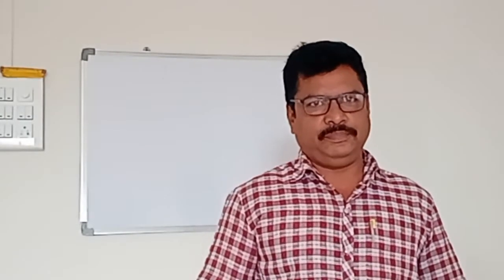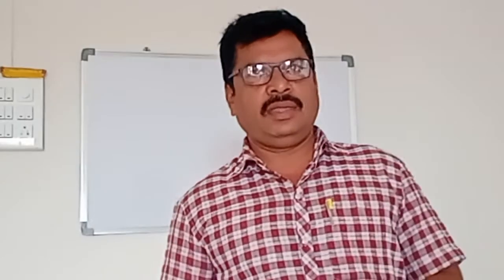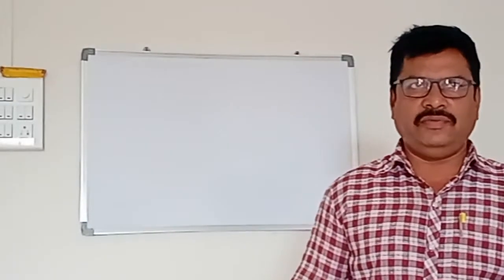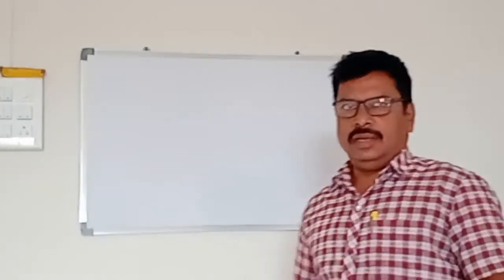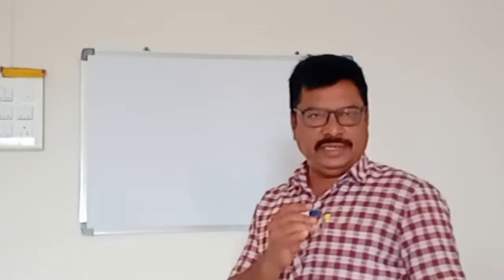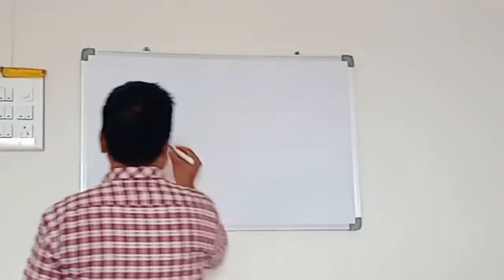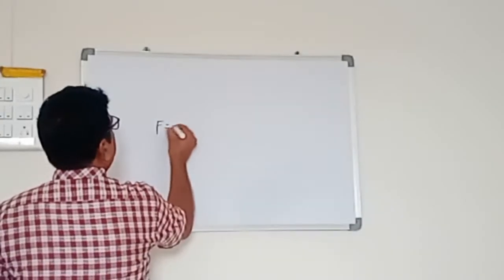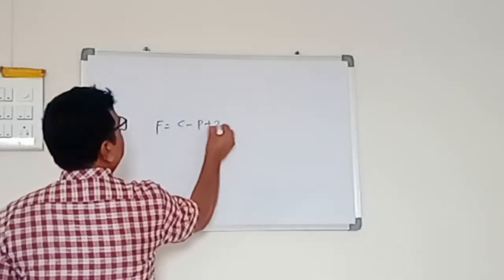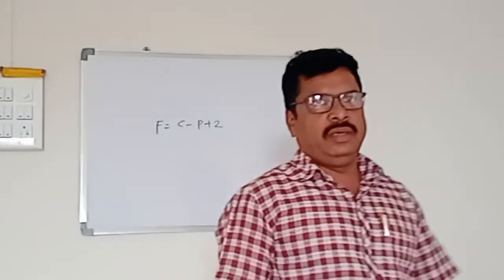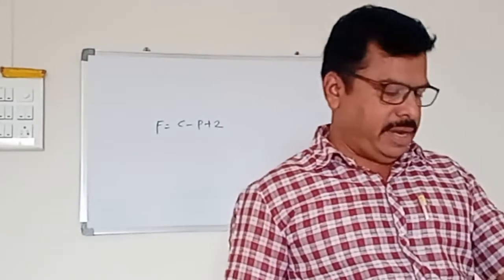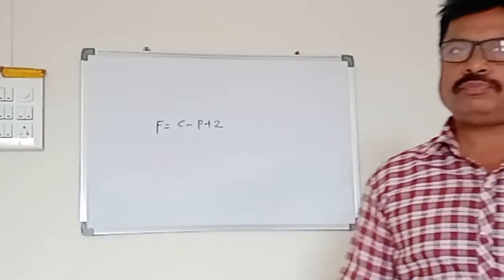Yesterday we have seen the phase rule equation, and you know the phase rule equation is F is equal to C minus P plus 2. F is equal to C minus P plus 2.